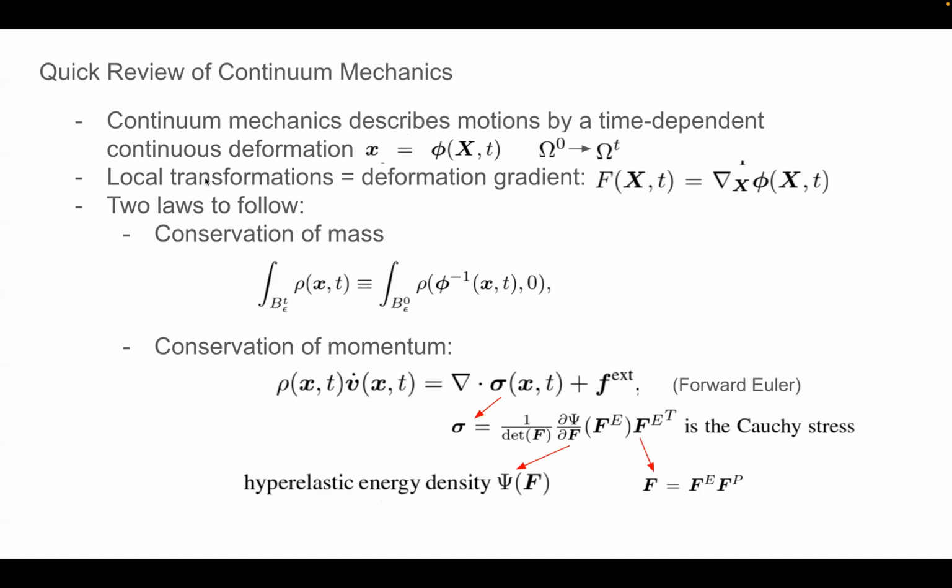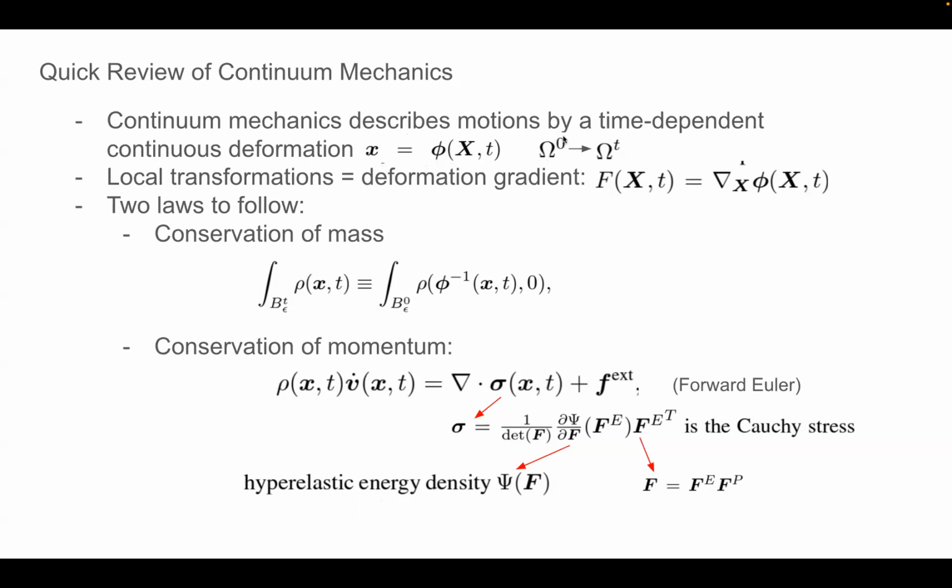We can also do a quick review of continuum mechanics. So continuum mechanics describes motion by a time-dependent continuous deformation. So we have a set of positions, and each time that we want to know the positions at that time, we can deform it to get a deformed space using this function.